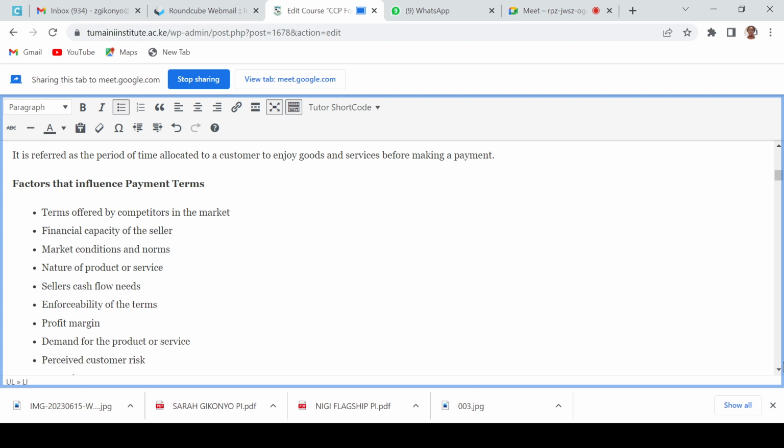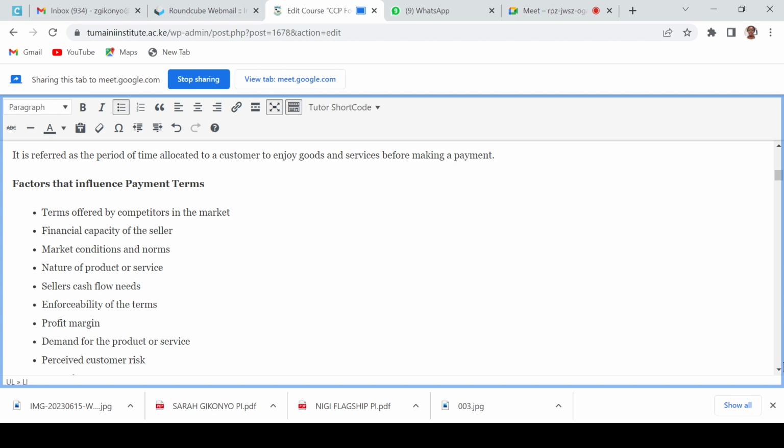The other one is demand for the product or service. Kama product yako ni hot cake, kila mtu anaikimbilia, why give long credit terms? So that will also determine the terms you are going to offer. So demand for your product or service. Utapata some guys when their service or their product are on demand, then they give short term.